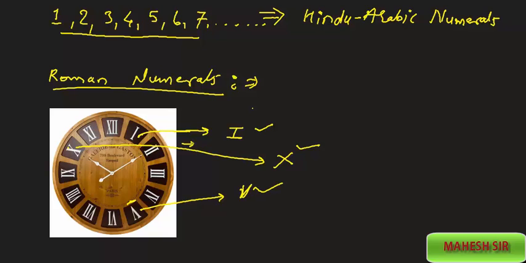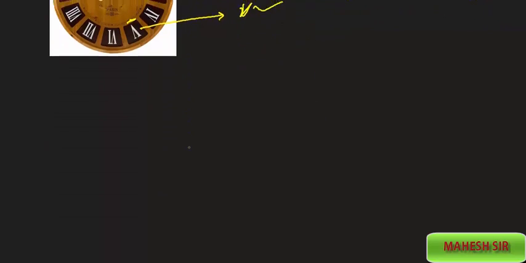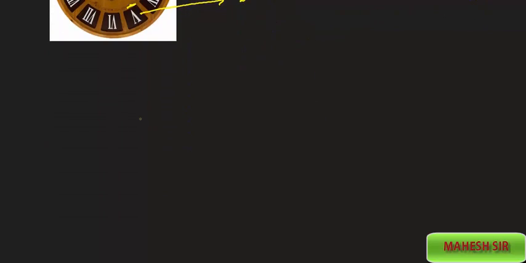Roman numbers basically consist of 7 basic symbols. Now let us understand which are the 7 basic symbols used to write any Roman numeral.